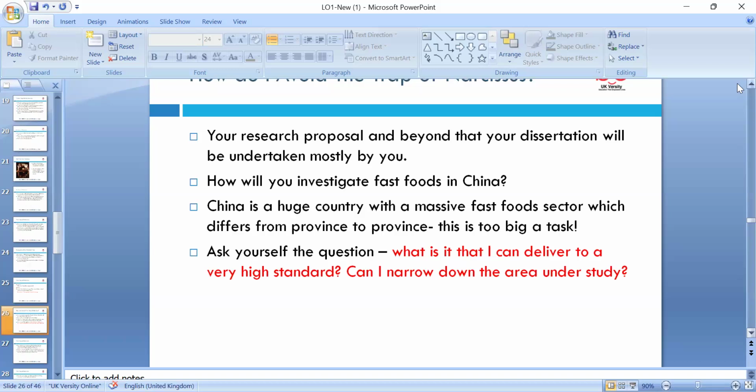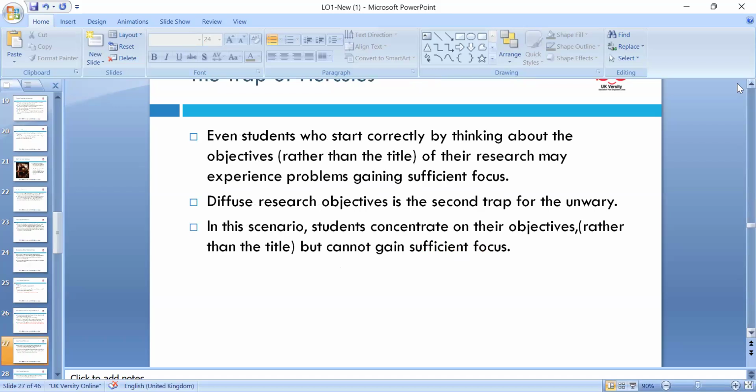Ask yourself the question: what can I deliver to a very high standard, and can I narrow down the areas under study? On a desk study, maybe we can look within one province, one industry, or one sector, and then maybe compare. Even the student who starts correctly by thinking about the objective rather than the title.